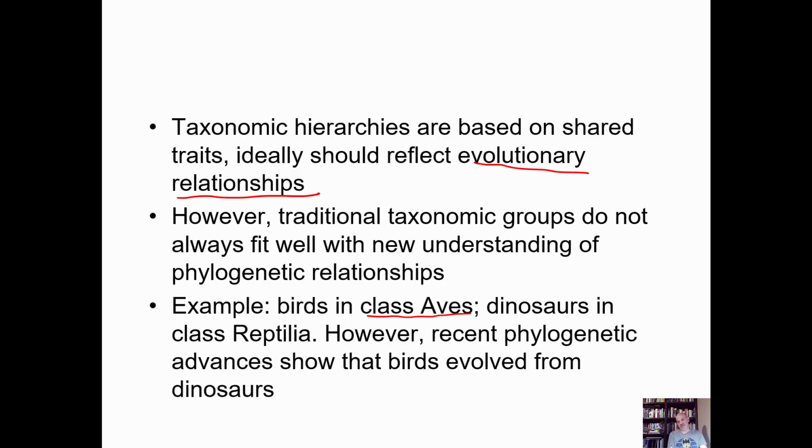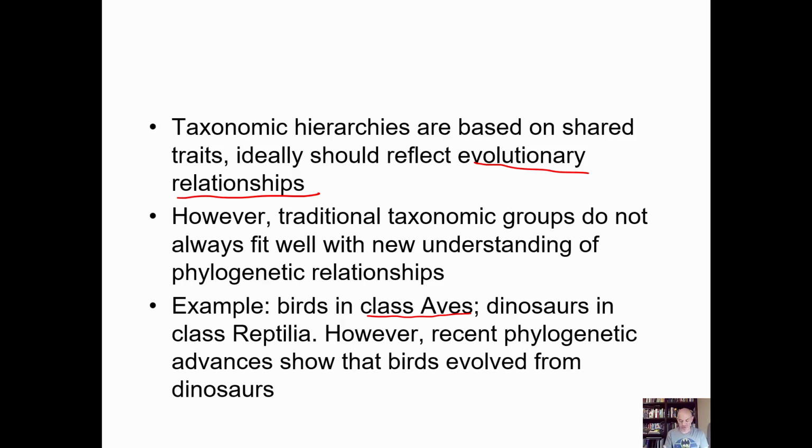They're with the reptiles. Lizards and snakes and crocodiles, right? It turns out that birds share common ancestry with a group of dinosaurs. So birds would be better classified with reptiles. Birds are basically descendants of a common ancestor of dinosaurs. Okay? So while we still talk about birds as their own group, if we're going to consider their evolutionary history, we would put them with reptiles. So when we talk about Aves, it doesn't fit the evolutionary relationship.